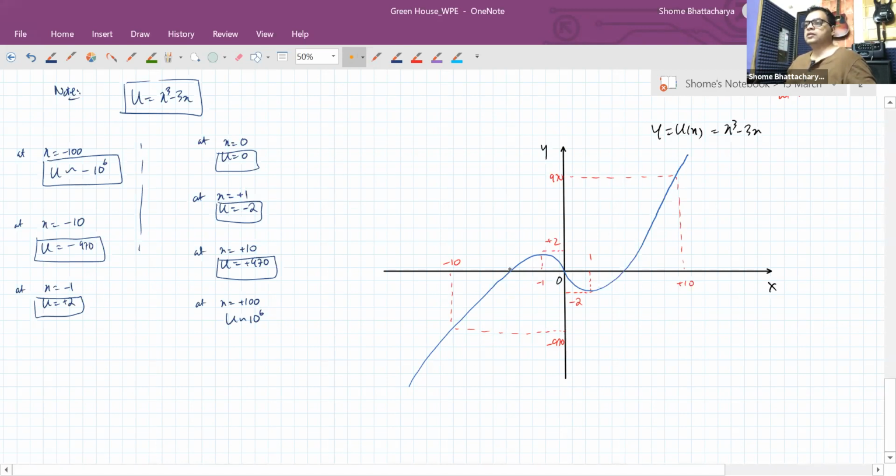You can also see that this point is minus 1.73. This point is plus 1.73, because you can see that u is equal to 0 at these points.